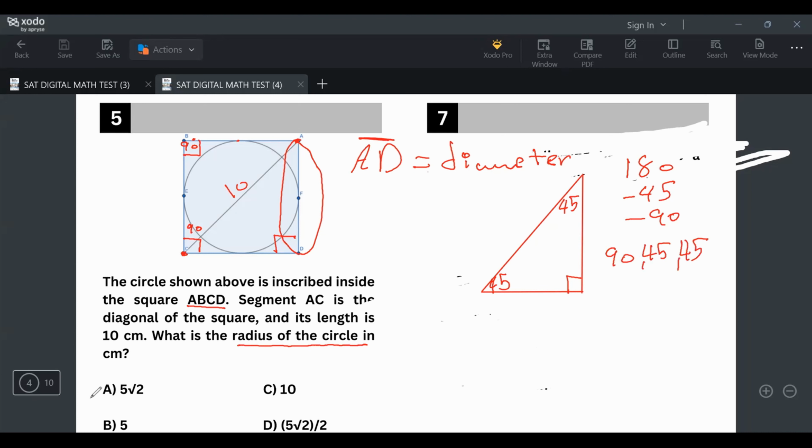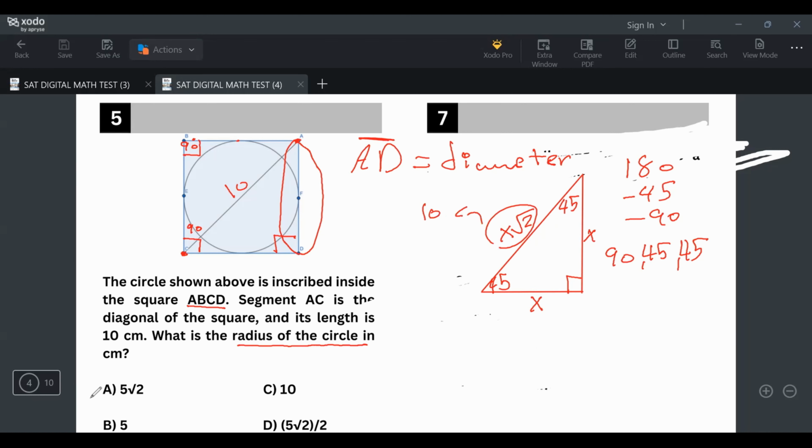The hypotenuse of this triangle is equal to x root 2, and this side is equal to x, and the other side is equal to x as well, since the opposite angles of both sides are equal, which are 45 for both. So we know that the hypotenuse, or x multiplied by root 2, is equal to 10, right?